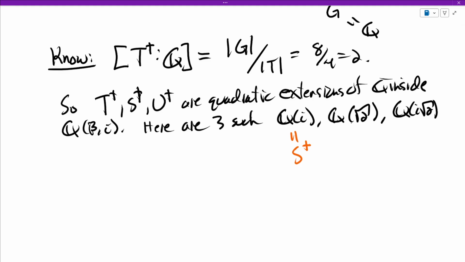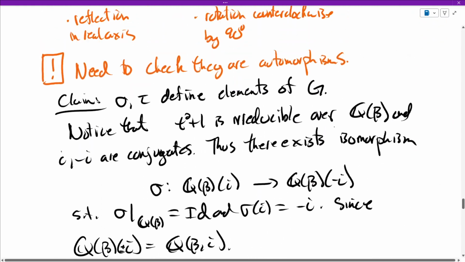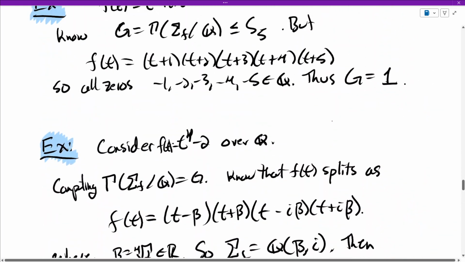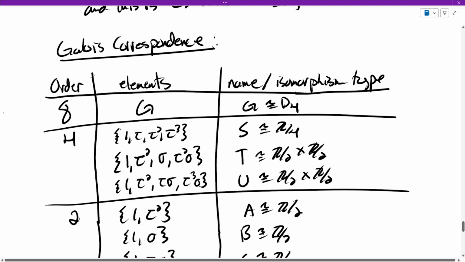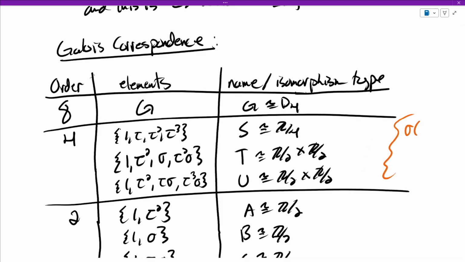Let's now look at the one that fixes root 2. Sigma of root 2 is root 2.